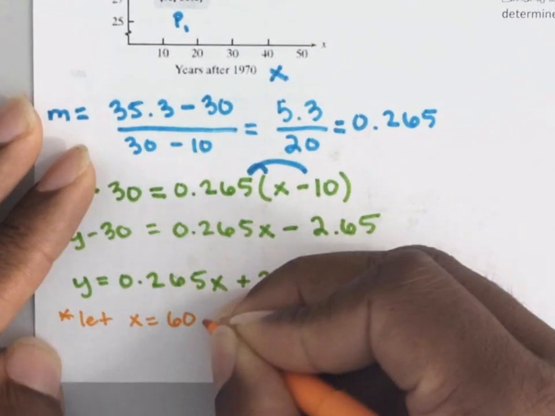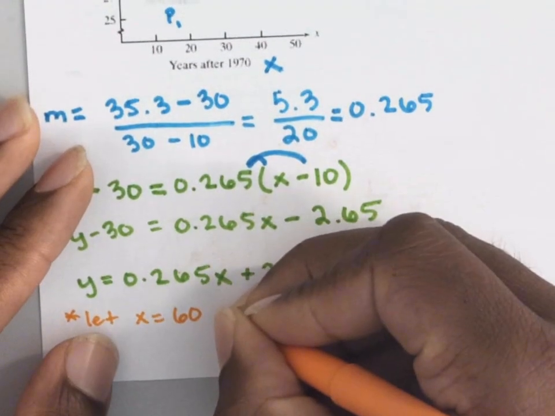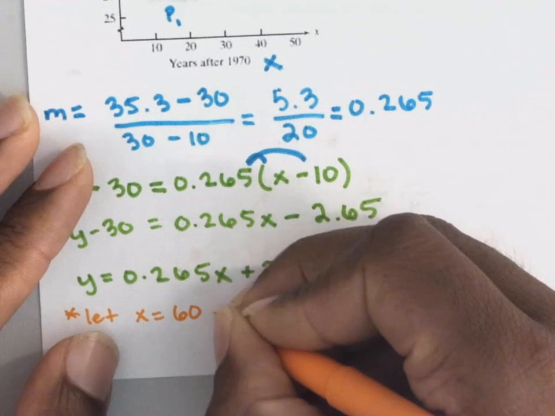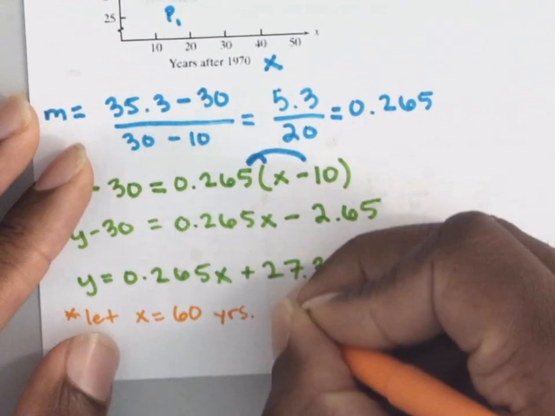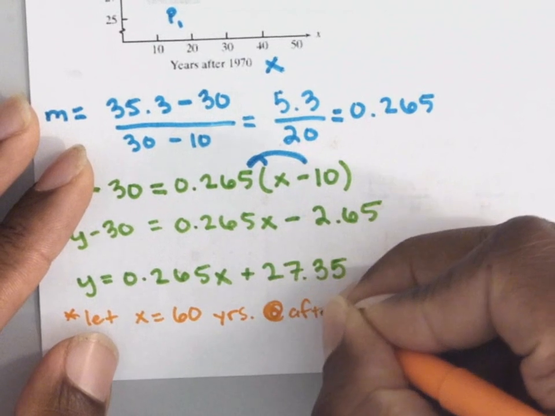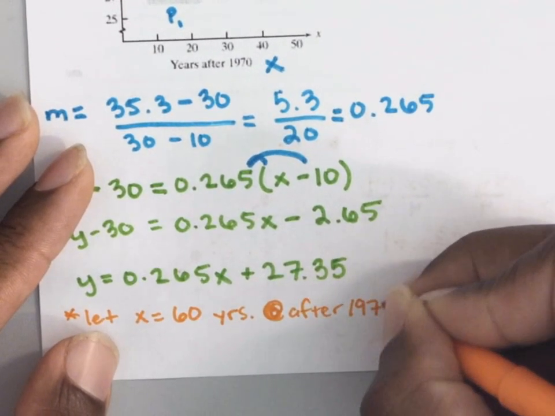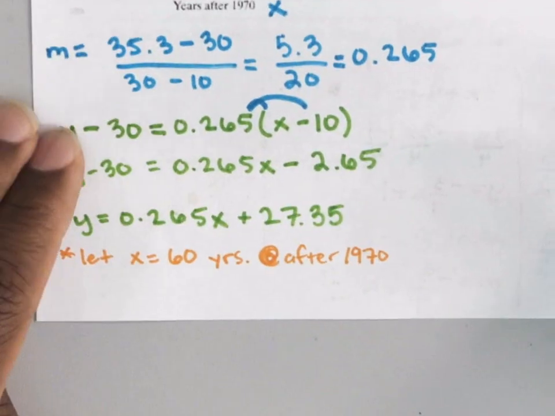And I'm going to make a little note so it doesn't look like magic. If you need to write it, write it. If not, it's all good. So x equals 60 years, not at, but after 1970.